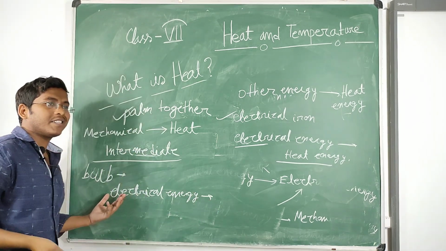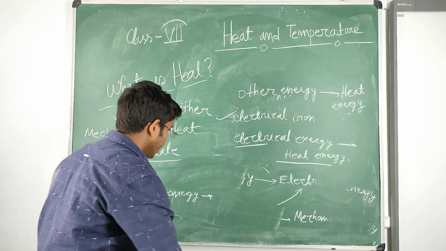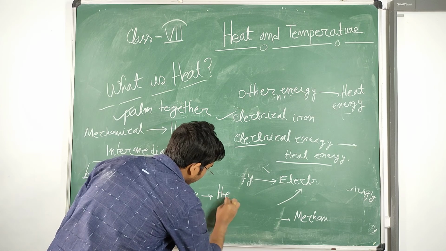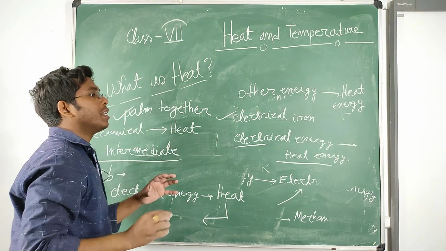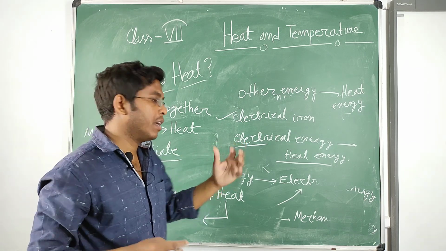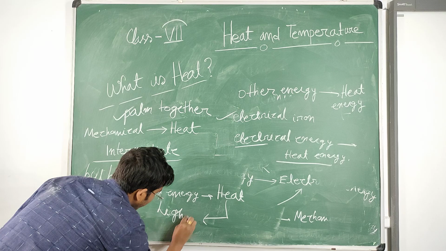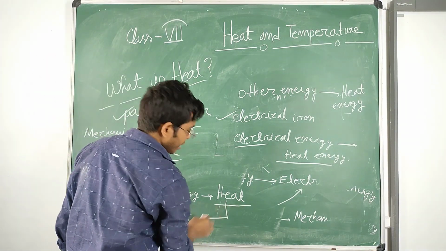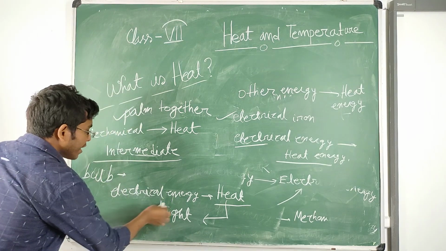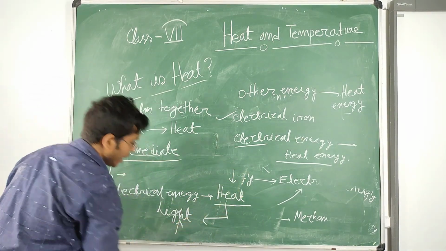Switch on, that energy comes. After that, the bulb heats up, so there is heat energy. After that, when the filament heats up, it gives the light. So you can see that here heat is the intermediate. Electrical energy at first, after that heat, after that light.